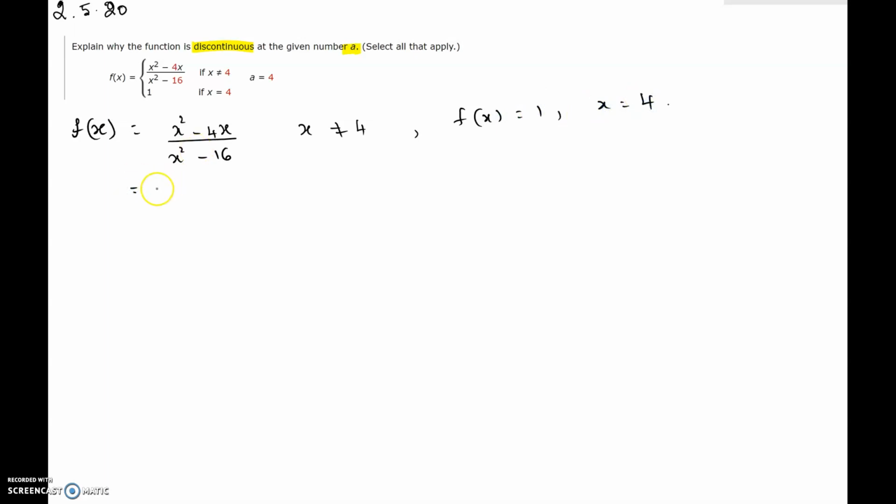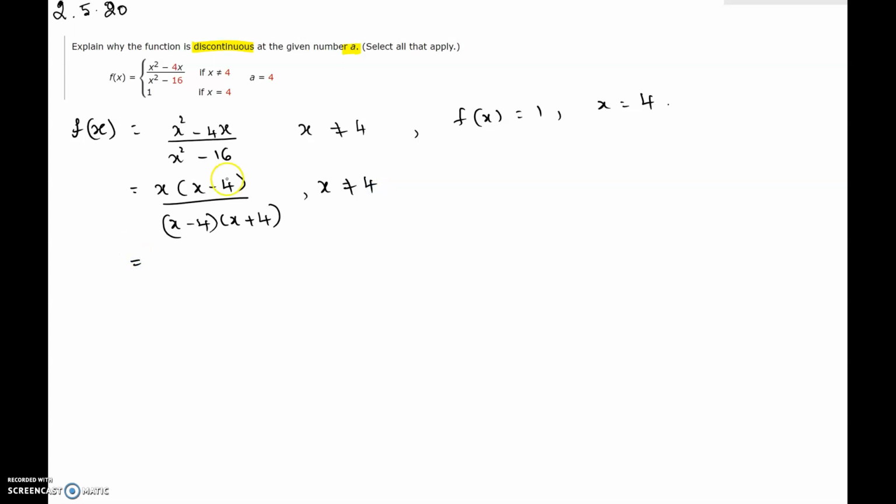So if we reduce this, you can factor the x out: x times (x minus 4) divided by x squared minus 16, which can be written as (x minus 4) times (x plus 4). So this is the case when x is not equal to 4.